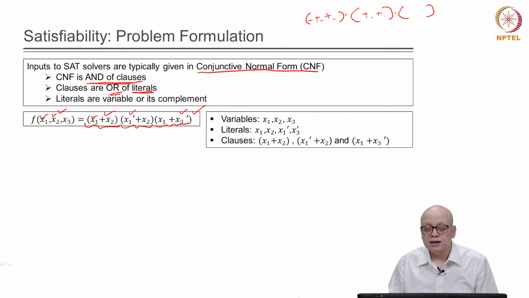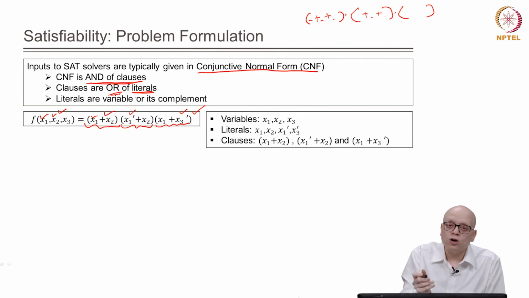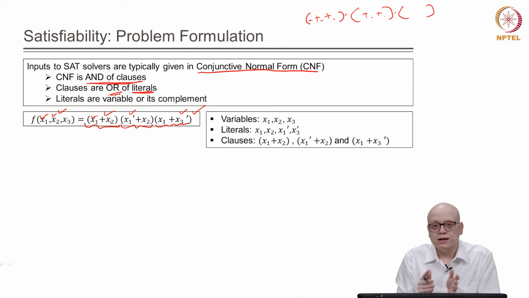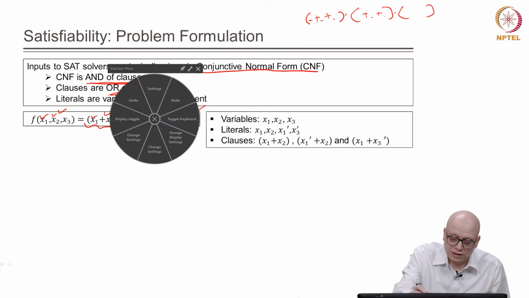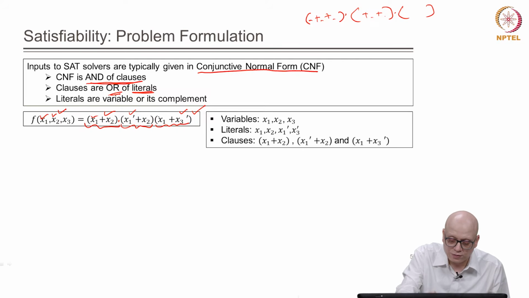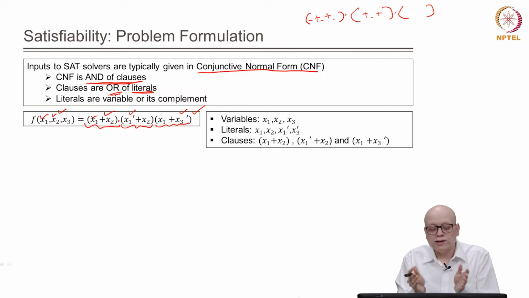So, there are 3 clauses in this case. These clauses are OR of literals. And we have finally taken the AND, so the dot is implicit. All these clauses are ANDed together and we got a function f in a CNF representation.